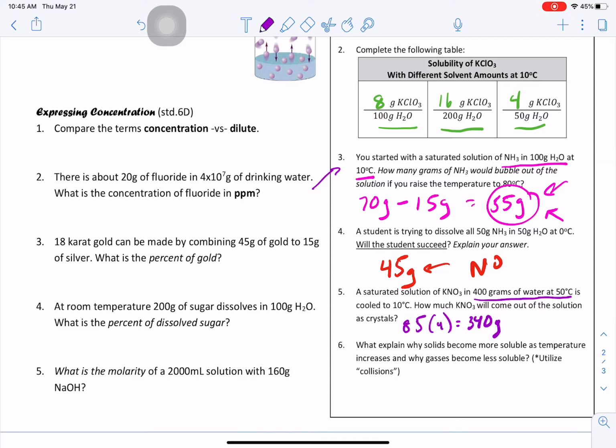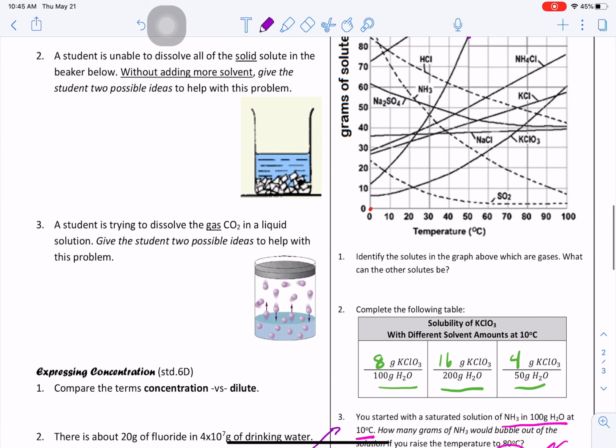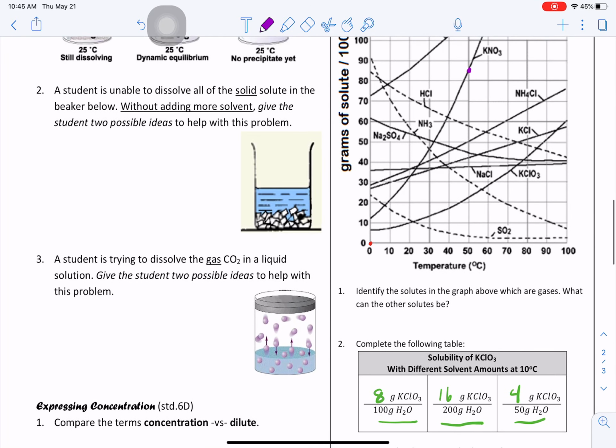Now it asks you how much will come out of solution if you cooled it to 10 degrees. So at 10 degrees, let's move down the line. At 10 degrees, right here. That's a little above it. Let's call it 21.